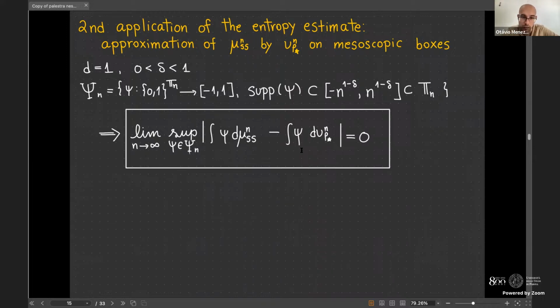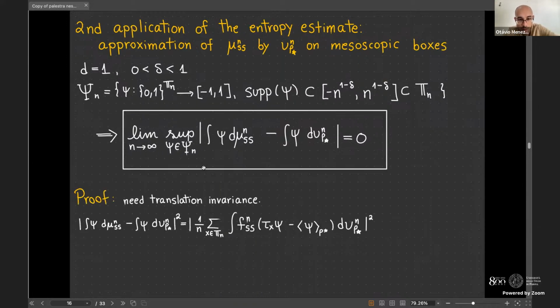And again, this is very specific to our model because we have translation invariance, so we can rewrite an expectation of this type as a spatial average. You can write one of those integrals by the spatial average of the expectation of its translates, just because both the stationary measure and the IID are translation invariant, so we get this.